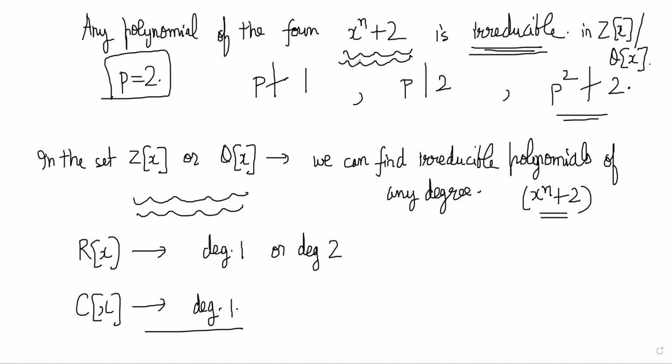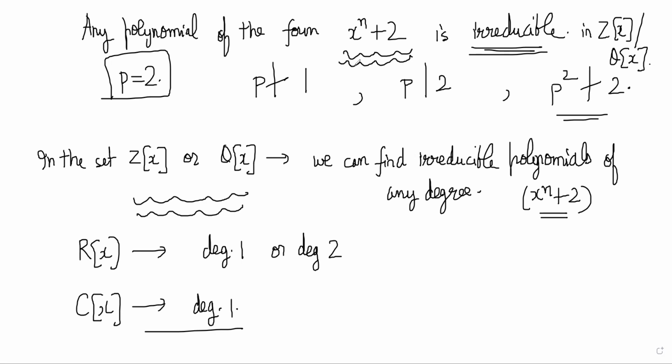Also remember that the Eisenstein criteria is only a necessary condition, it's not a sufficient condition. If Eisenstein criteria is true, the polynomial is irreducible. No, I made a mistake here. Eisenstein's criteria is a sufficient condition. If it is true, the polynomial is irreducible.